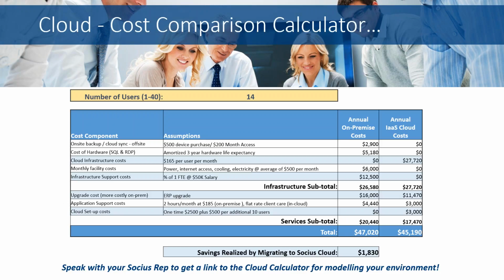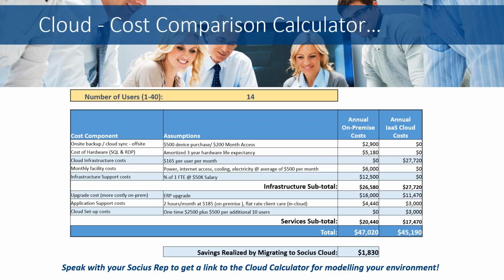We also have provided a cloud cost comparison calculator. This is a quick view, or a little spreadsheet, if you will, that allows a user to enter in the number of users and then calculate their anticipated on-premise costs as compared to what a move to the cloud would be.